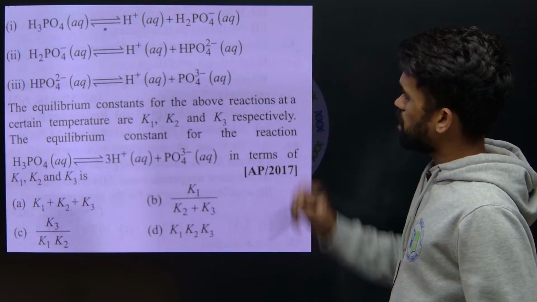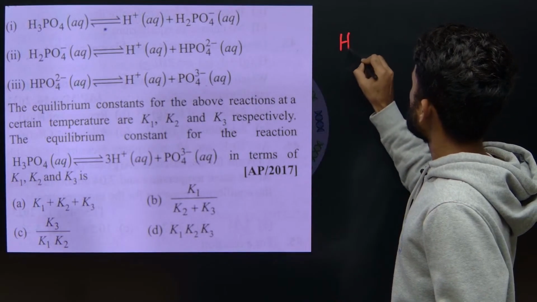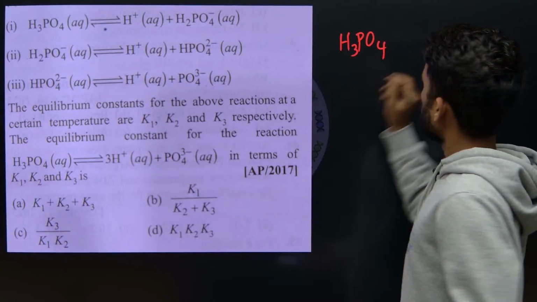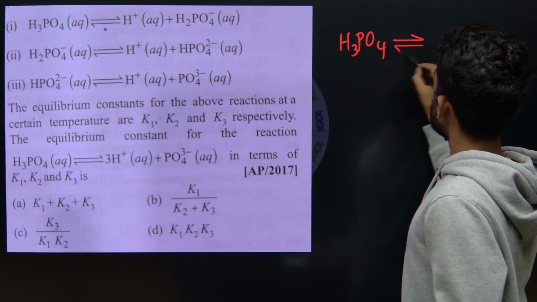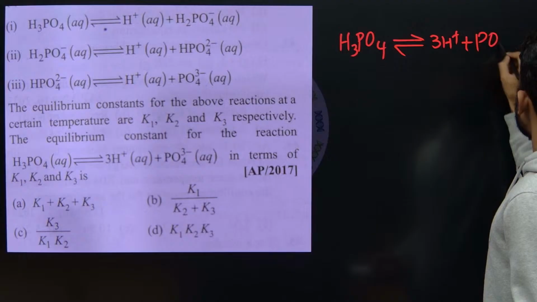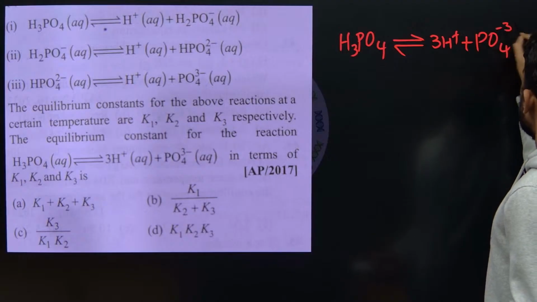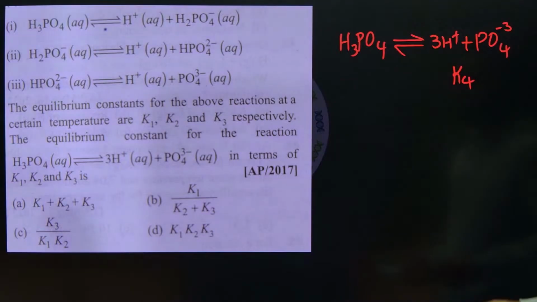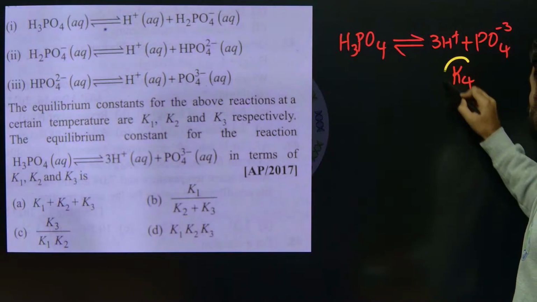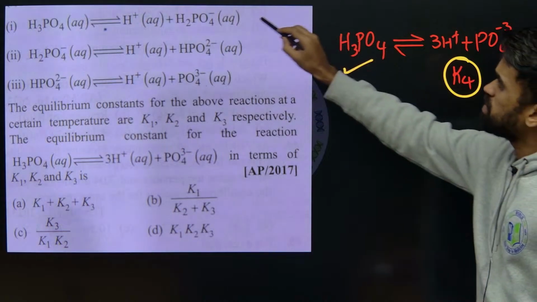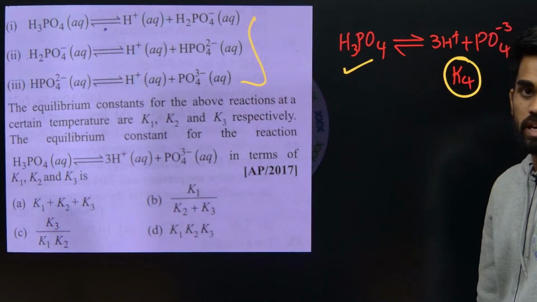See, we have a reaction for orthophosphoric acid, H3PO4 is given. The final equation I am writing, which dissociates to give 3H plus and phosphate ion. So this is given as K4. Okay. So now they are asking what is the K4 value, the equilibrium constant for this reaction, by looking at the first three equilibriums given.